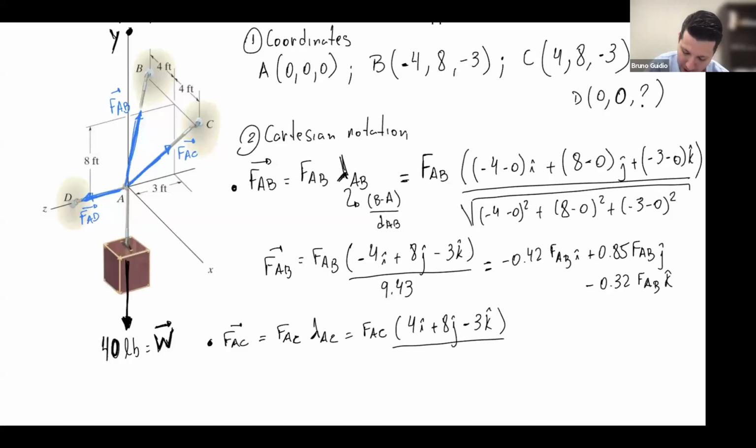The calculation is going to be the same as on the top, because they're the same. The only thing is this negative. At the end, it's going to be positive 0.42 FAC i hat, positive 0.85 FAC j hat, negative 0.32 FAC k hat.